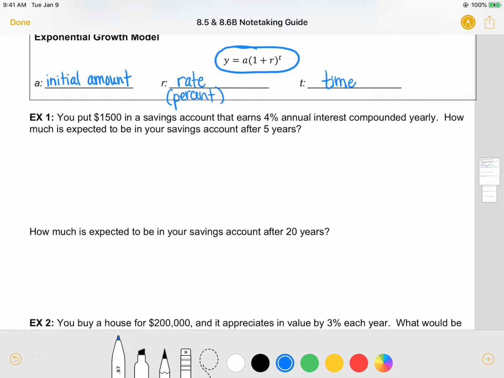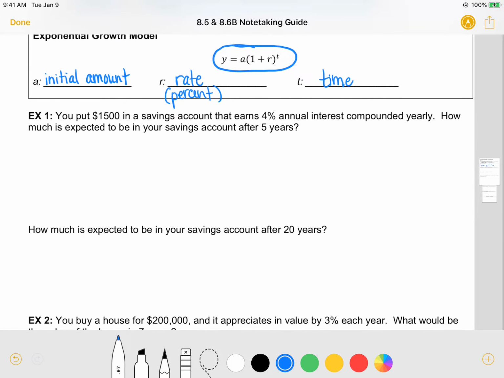So let's go ahead and look at example number 1. And I want you to make sure you have your calculator handy because we're going to be plugging in some of these numbers into our calculator. So what we have here is it says you put $1,500 in a savings account that earns 4% annual interest compounded yearly. How much is expected to be in your savings account after 5 years? Okay, so we're going to just label everything.